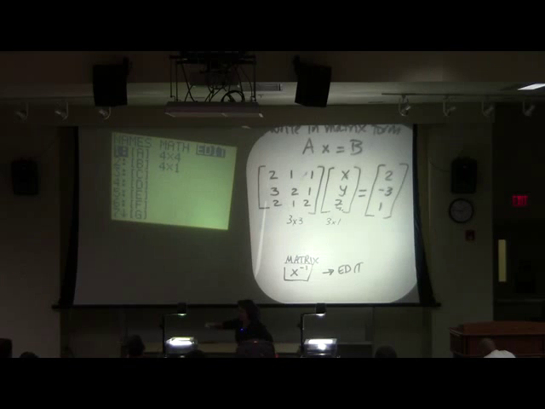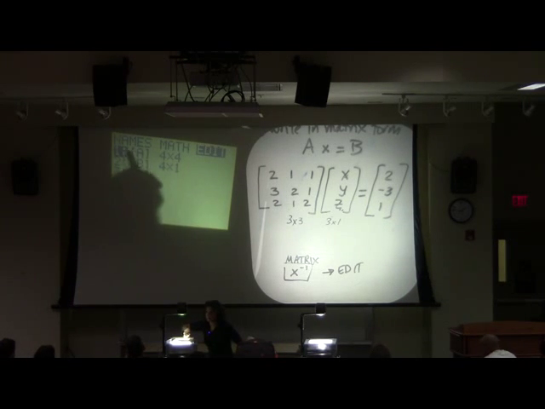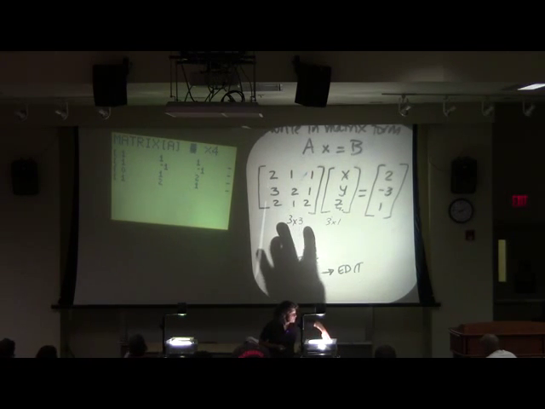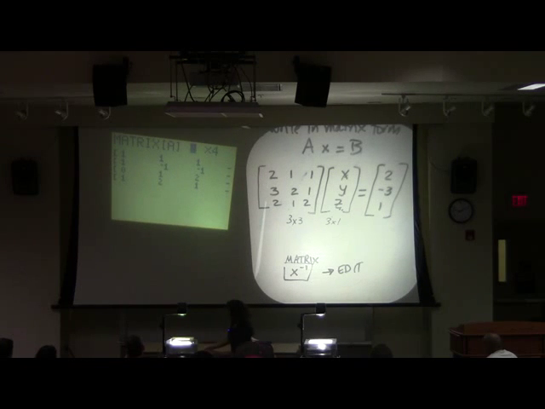Now, do you see how the cursor right now is right here at matrix A? Yeah, so hit enter. Now, right now I've got a 4x4 matrix in there. You might have zeros there. It doesn't matter. What size is matrix A? It's a 3x3. So literally hit 3, enter. See how it shrunk? 3, enter. Okay?